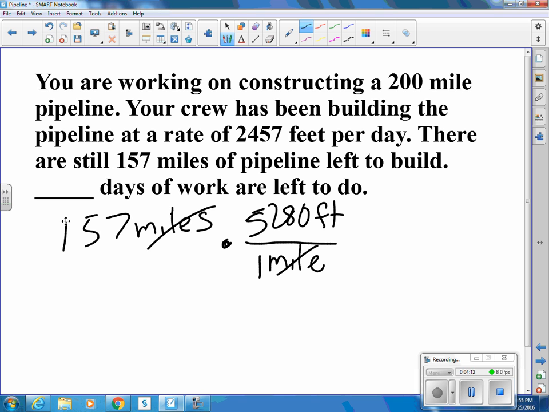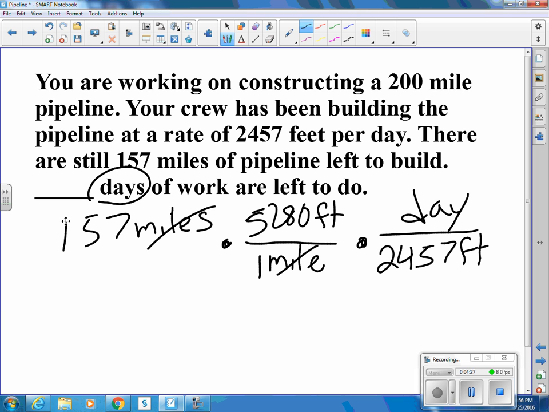So if I multiply those, I'll find out how many feet I have left to do, and I can do 2,457 feet per day, and I know the day needs to go on top because that's what our answer needs to be, and the feet go on bottom, so it will cancel the feet that are already on top. The only units left are days, so I think I've got my units right.